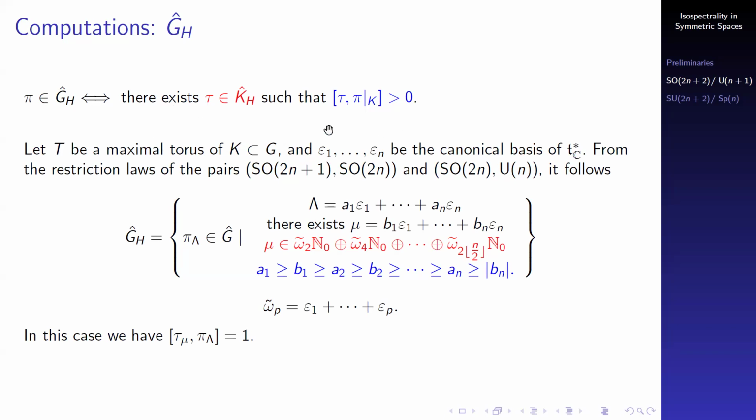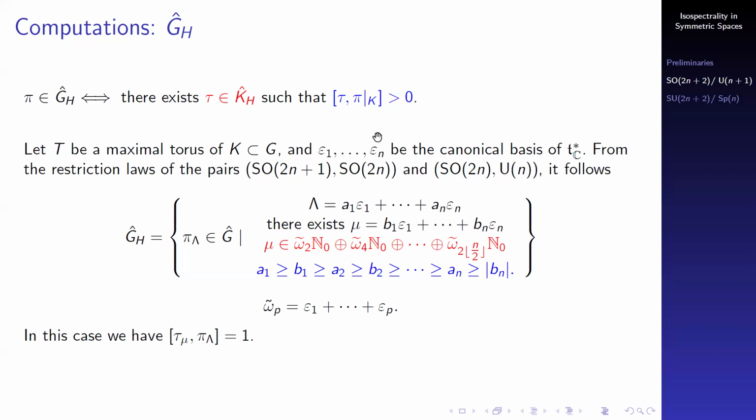And the blue condition is P restricted to K: tau is a representation in SO(2n) and P is a representation in SO(2n+1), and those are also well known because those are the branching laws for the pair SO(2n+1), SO(2n). So we are taking advantage of that, and we are considering the red condition and the blue condition.